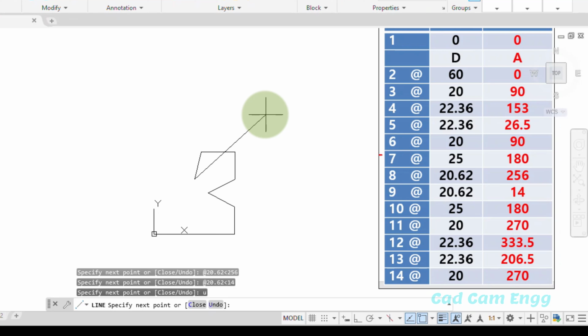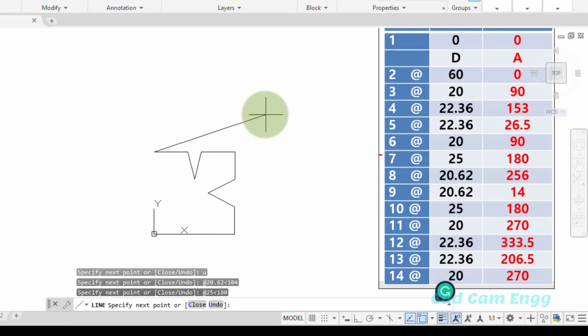Okay. So now I give the value @, the distance is 20,62 less than symbol, the angle is 104, not 14. Okay, please enter 104, we get the right value. Next, point number 10, @25 less than symbol 180.